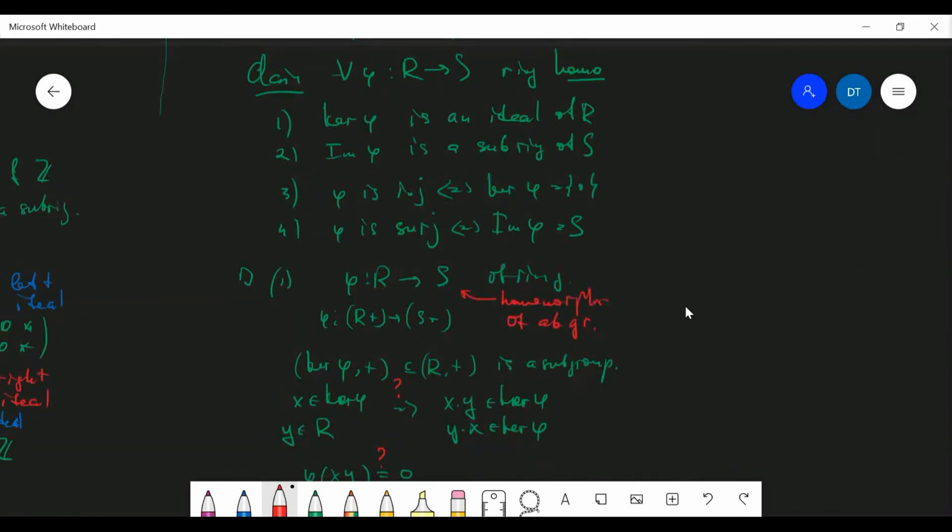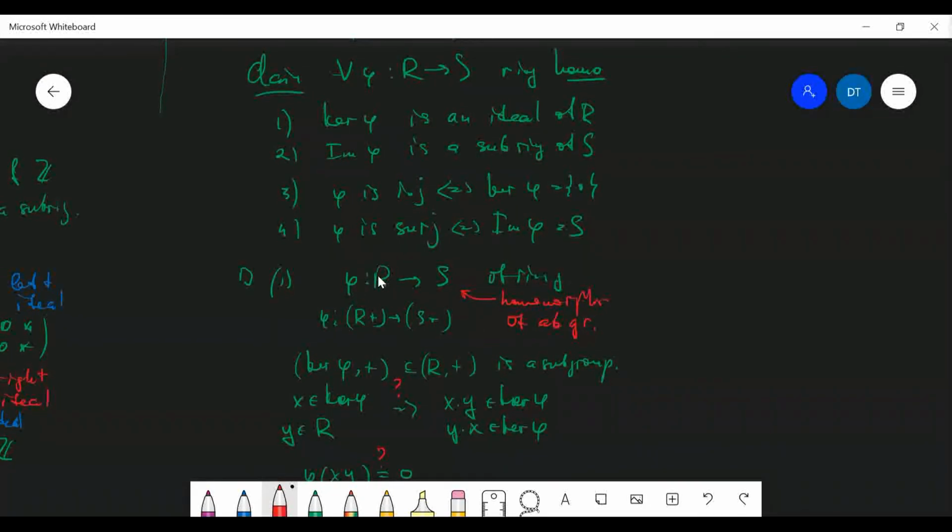You need to show that this something is an abelian subgroup with respect to addition. And then you need to check the second axiom: if you multiply everything from the kernel by an element of the ring, you will stay inside the kernel. To prove the first claim, I reduced the problem to the same problem for a homomorphism of abelian groups.